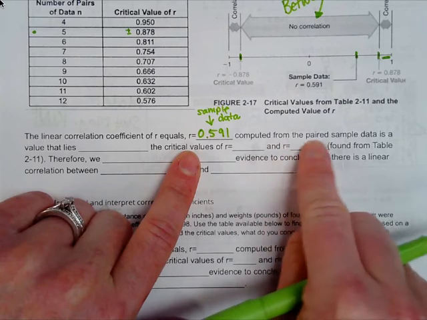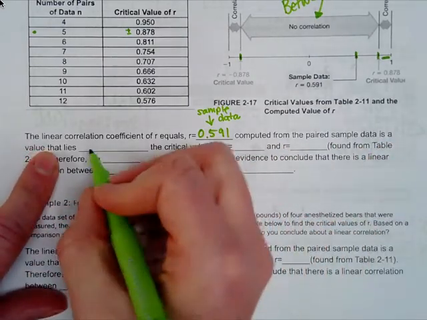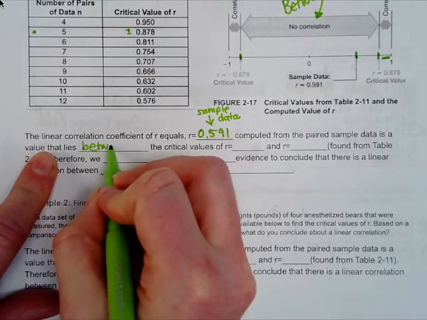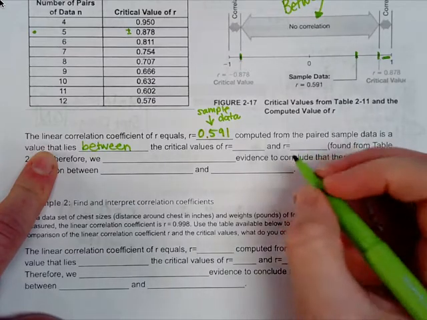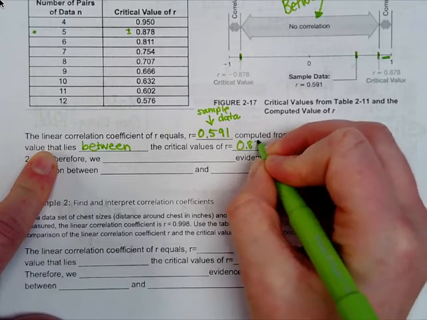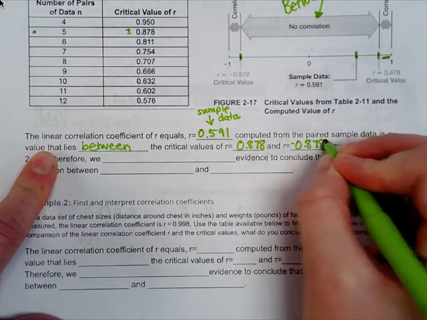And it was computed from the paired sample data. It's a value that lies between the critical values, R of 0.878 and -0.878.